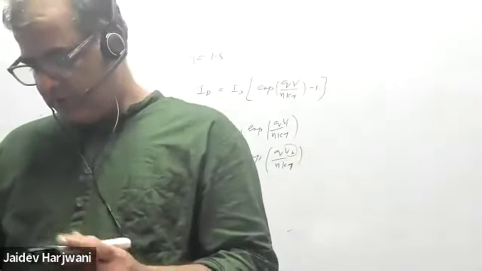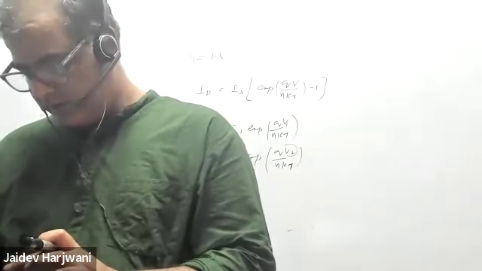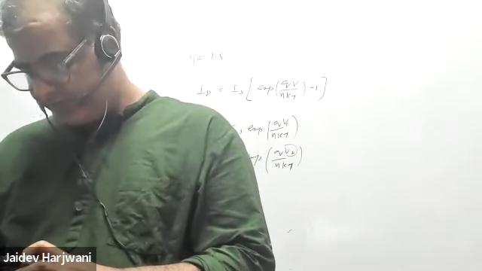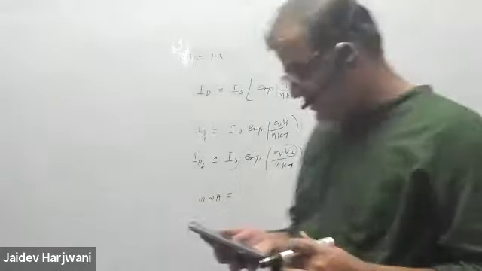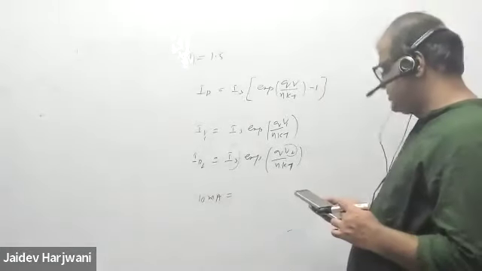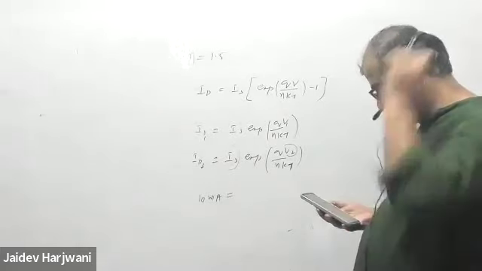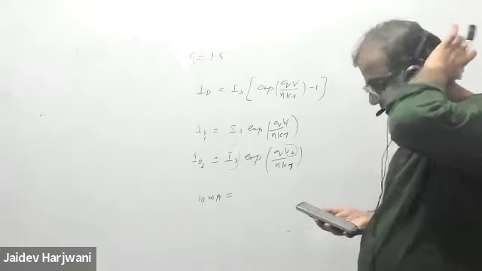How can I find IS? What is the value of applied voltage, 0.7 volt for silicon? Tell me, how should I do this problem? Anyone?